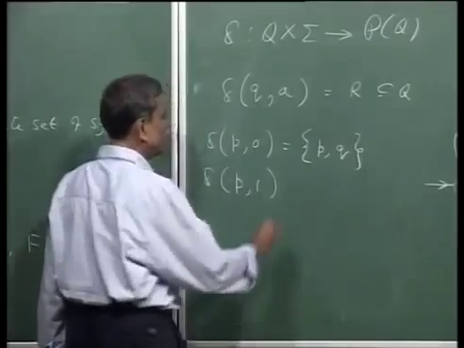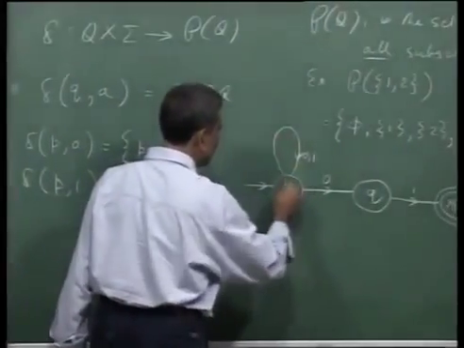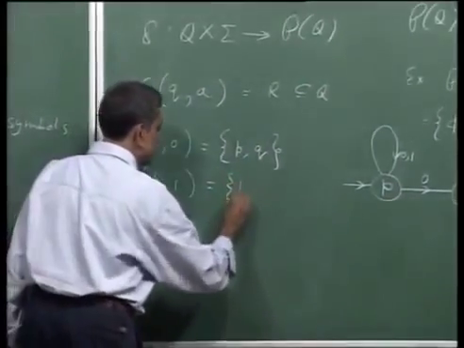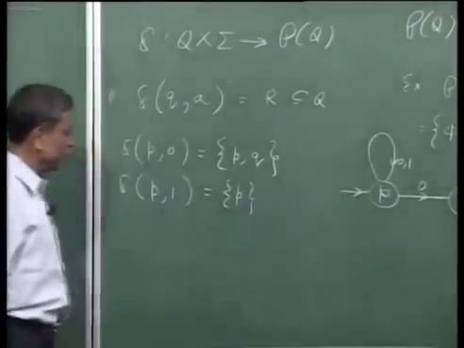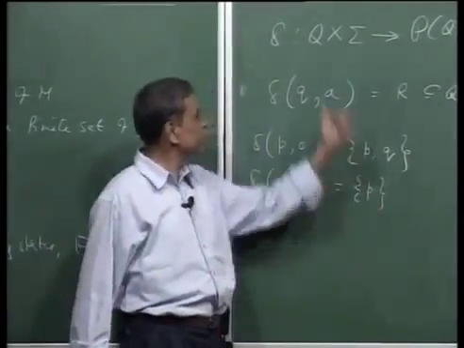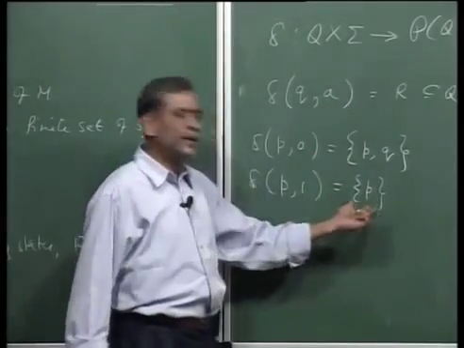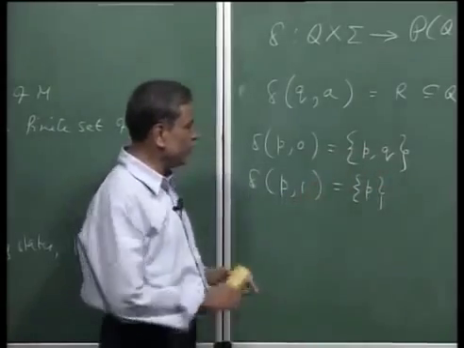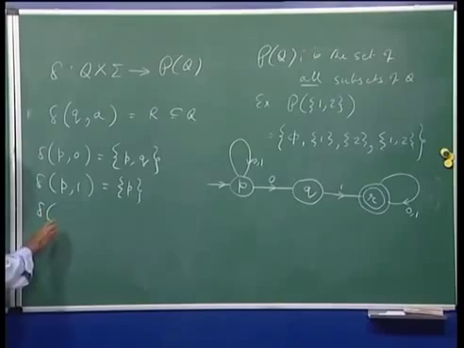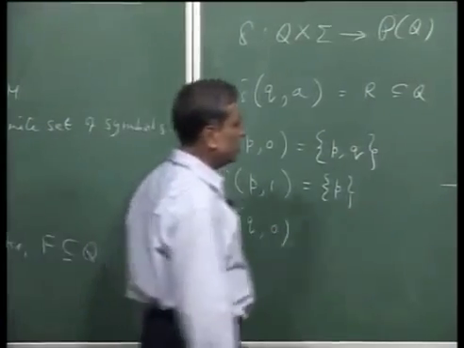Delta of P, 1: you can see from P on 1, it comes back to P. But we write it as a set, since it has to be a subset, even for a singleton case; this is the set of states it can go to. It may be singleton. In fact, this set can also be empty, as you can see from the next state Q. What is delta of Q, 0?